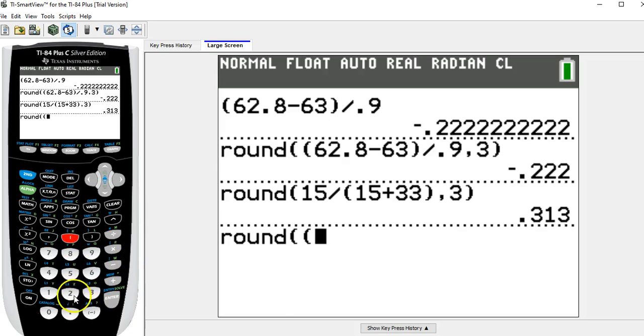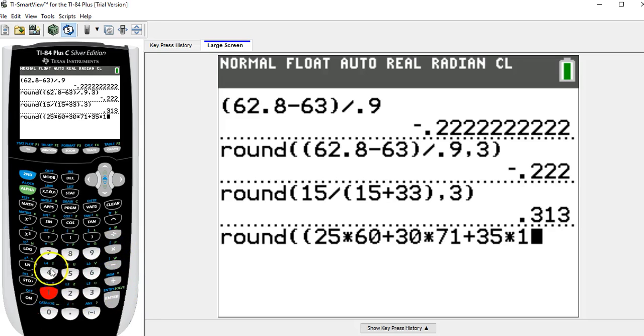It says 25 times 60, plus 30 times 71, plus 35 times 14. That's the end of the numerator, so I'm going to close it off with a parentheses.